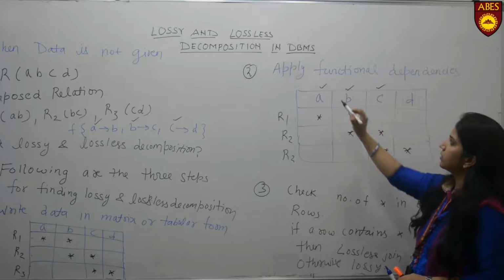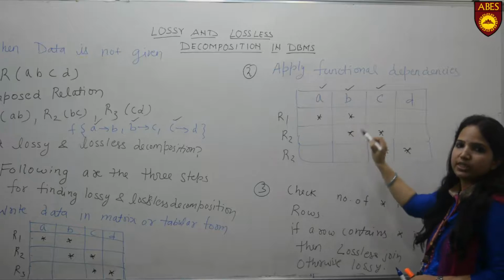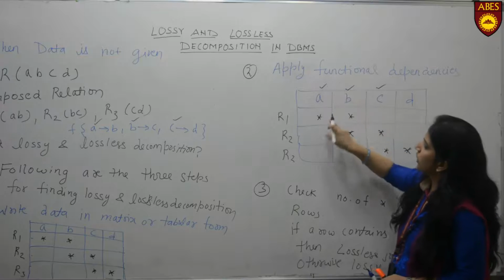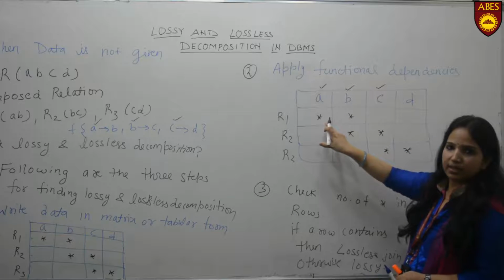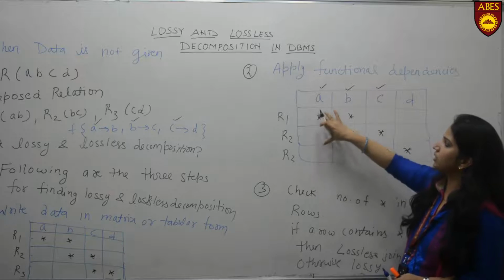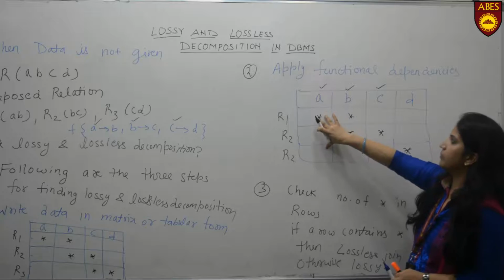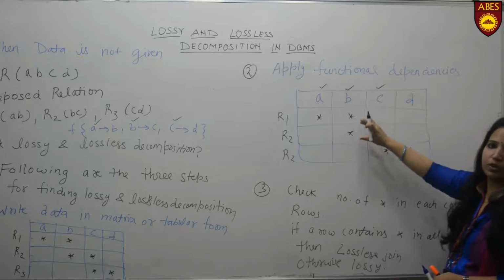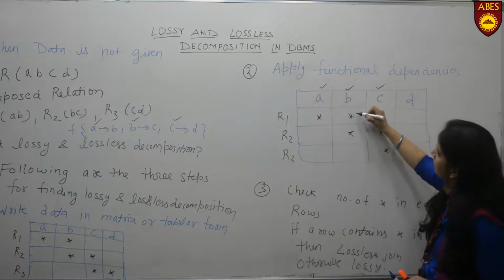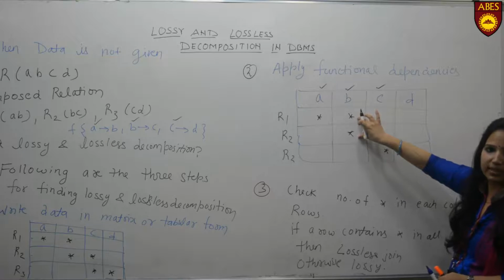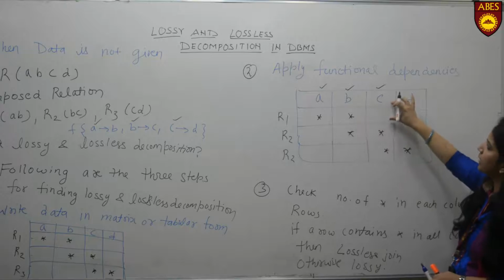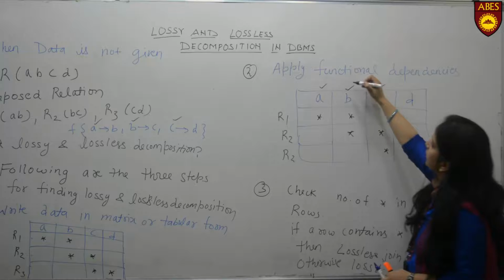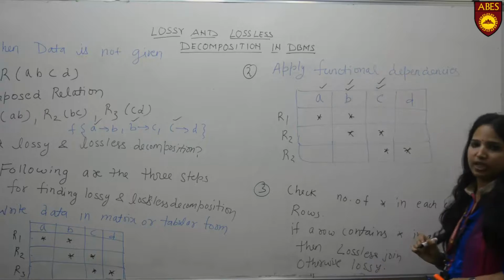For the first attribute, A, only 1 star is there, so we will not apply functional dependency for this column. B is a determinant, and it has a first star and a second star, so it has 2 stars. The next determinant, C, also has 2 stars. So we have 2 determinants for which we will apply functional dependency.